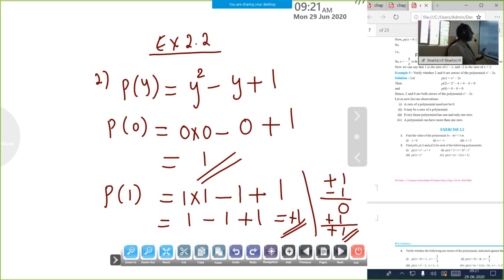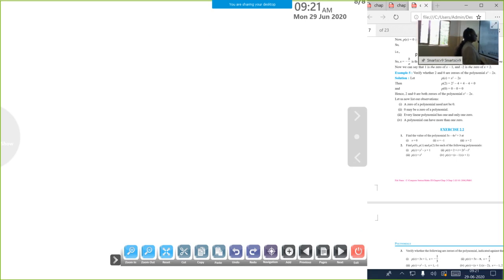And same polynomial, we need to find P of 2 also. P of 2 equals y square means 2 into 2, minus y, 2, plus 1. Y square minus y plus 1.